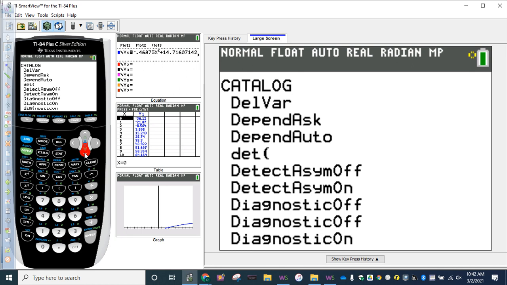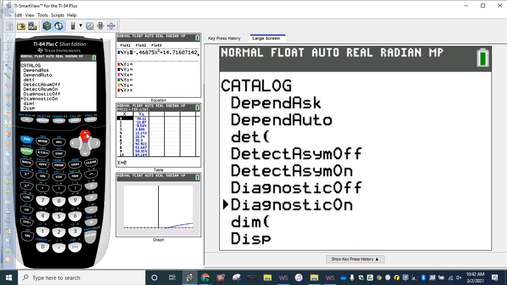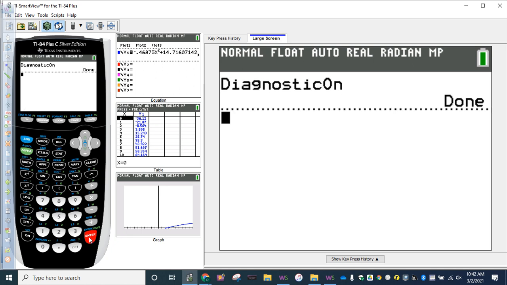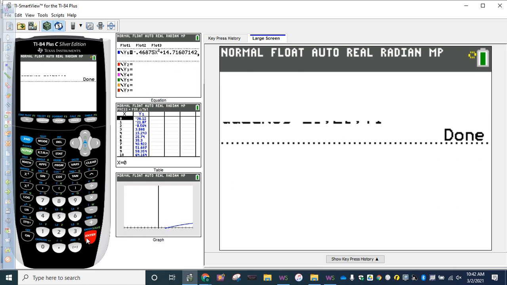Keep going now. That's pretty good. So if I put that equation back in, now it'll show me that correlation R squared.